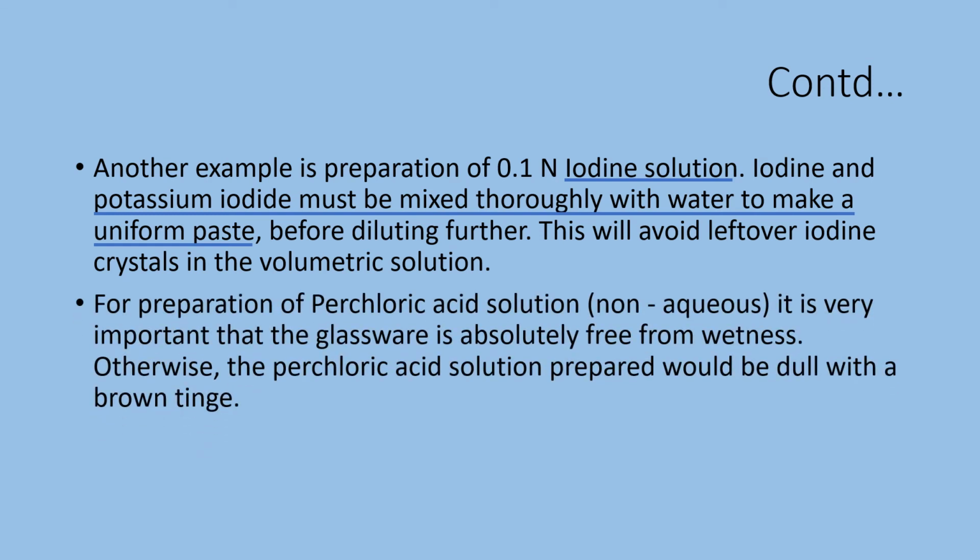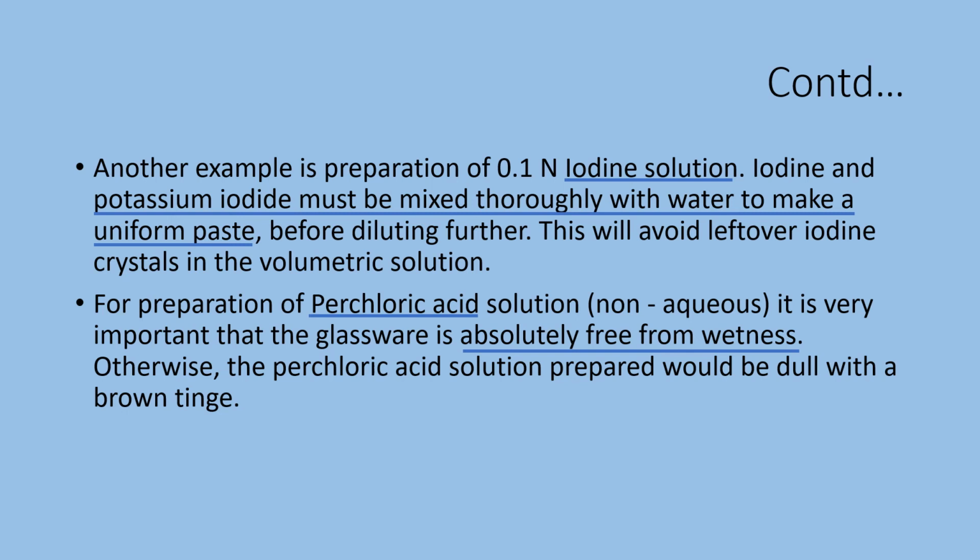Similarly, for preparation of perchloric acid solution, it is a non-aqueous, it is very important that the glassware is absolutely free from wetness. Otherwise, the perchloric acid solution prepared would be dull with a brown tinge. For many non-aqueous titrations, 0.1 normal perchloric acid solution is used.